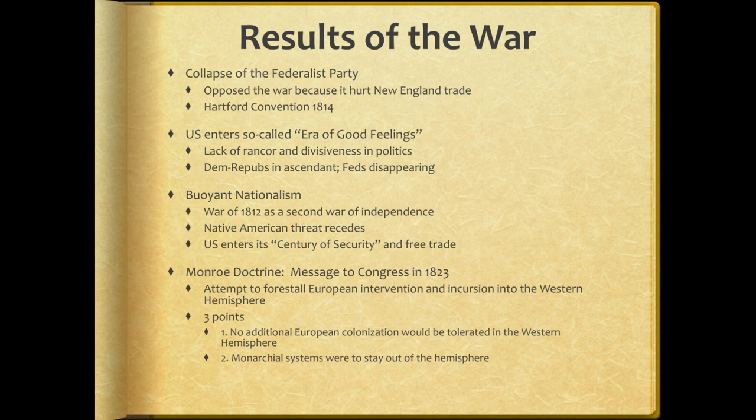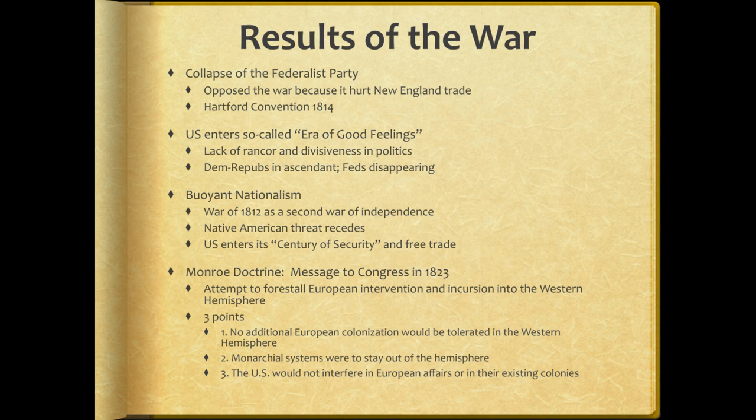No monarchical systems in the Western Hemisphere, so no kings and queens, anything like that. But it said, okay, you're not going to do these things, but we are not going to intervene in or interfere in European affairs or any existing colonies that you have. So it was a way for Europe and the United States to kind of tolerate one another, specifically England, at this time.